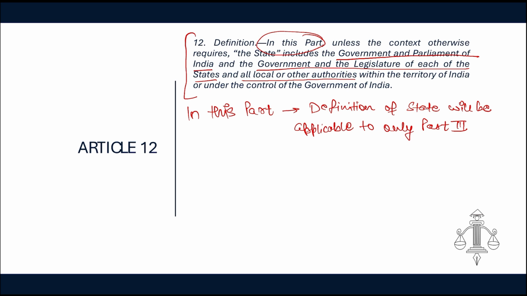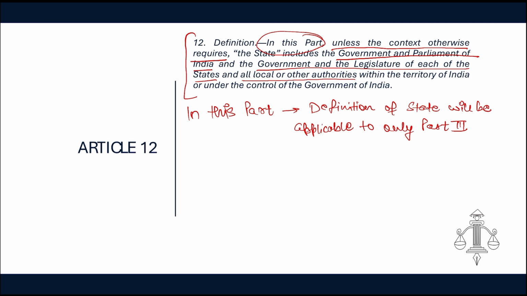Then you have an exception here. The exception is "unless the context otherwise requires". Now this means that either specifically it has been mentioned in the constitutional provision, or the context is such that this definition of state given in Article 12 can be used. So this is an exception, right?